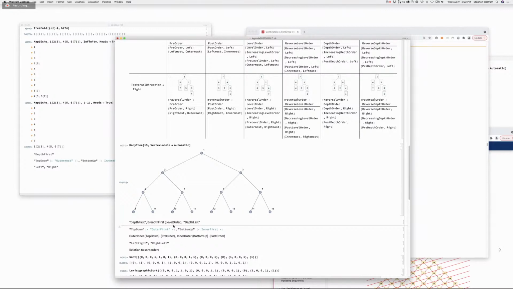I mean, it's probably best to try to come up with a name that doesn't have depth in it, because it's confusing with depth first. But what depth last is doing is the bottom of the entire tree rather than going child by child, which is what depth first means.